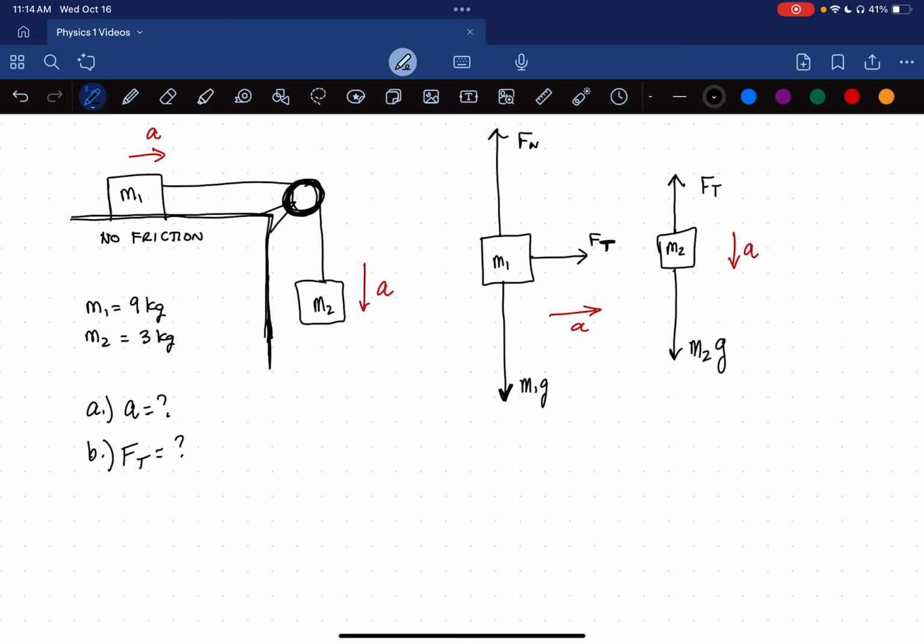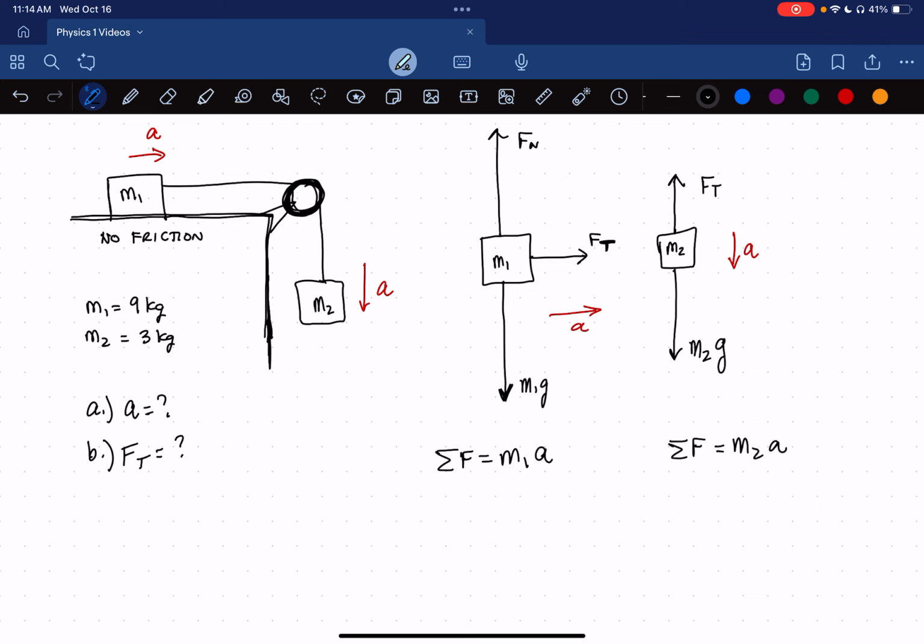We're going to write our equations of motion. The sum of all forces on mass 1 equals m1a, and the sum of all forces here equals m2a.